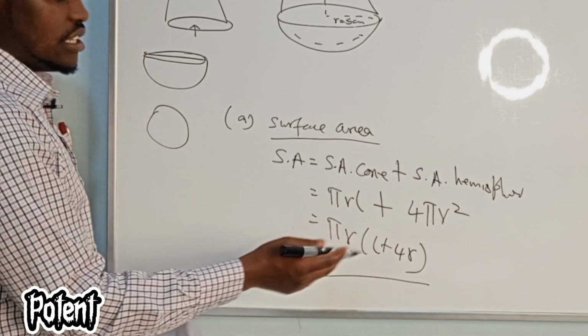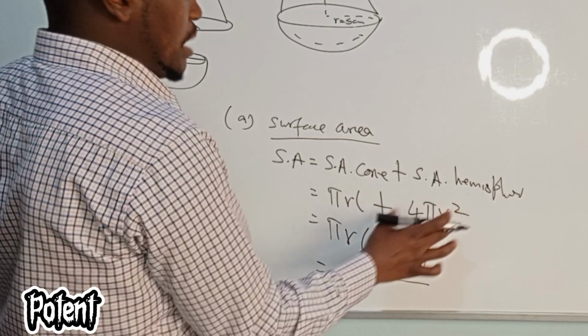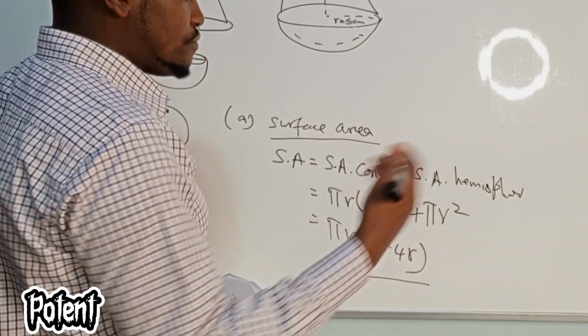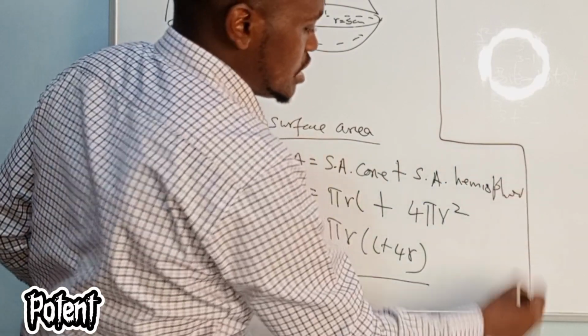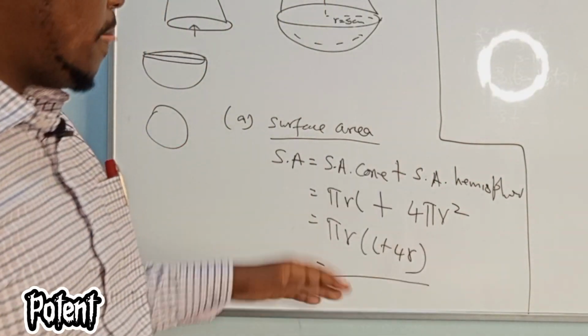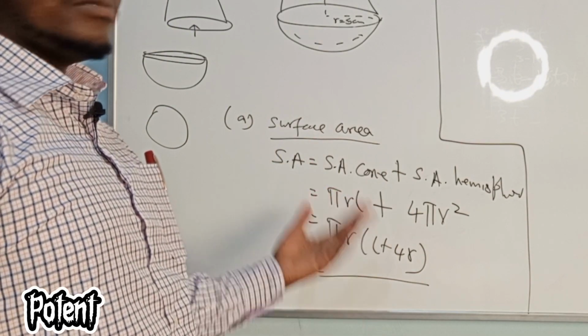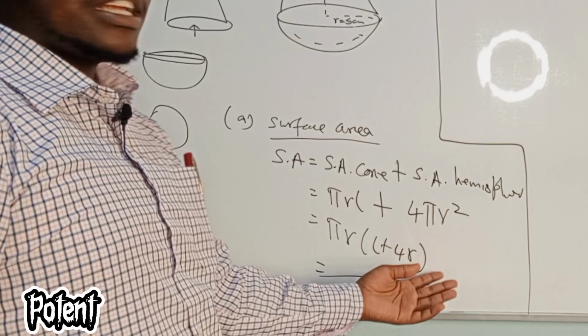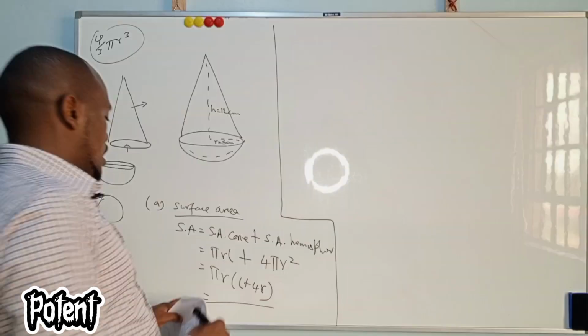If you fill this, you are going to get the same answer. But I want us to do it separately so that we also accommodate students who are not very good, and also so that you can get yourself some marks. If you get this one correctly, you will get 1 mark. This one correctly, 1 mark. Then combined answer, another mark.